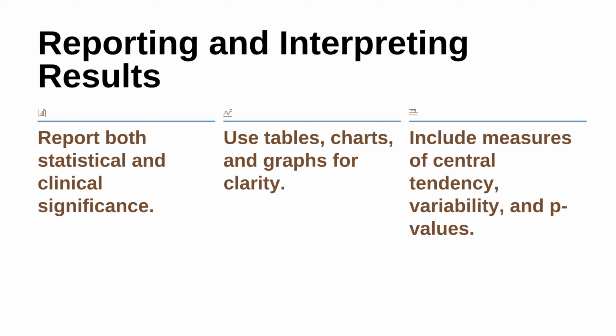We include measures of central tendency, variability, and p-values to make results transparent. In our nursing practice, clear communication of statistical results ensures that evidence can be applied effectively in clinical settings.